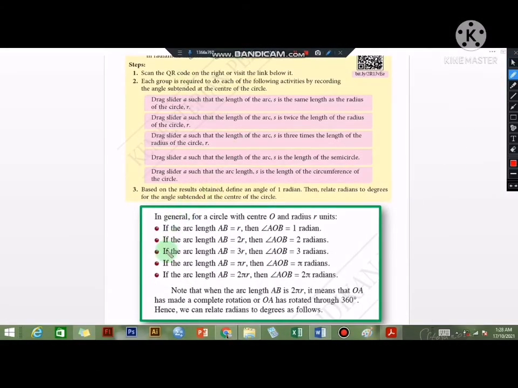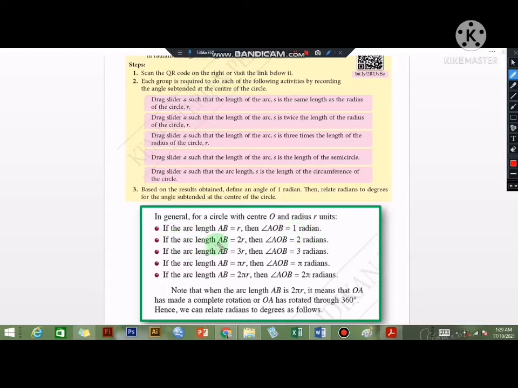Okay class, let's look at the fourth one, where the arc length AB is equal to pi r. Let's recall what I just showed you. If the length of arc AB is equal to r, the angle, in the unit of radian, is equal to 1 radian.